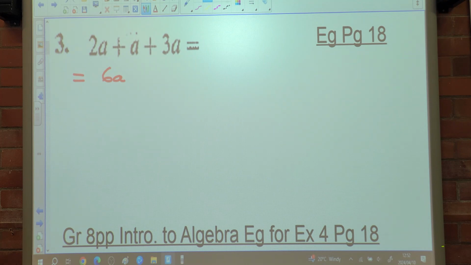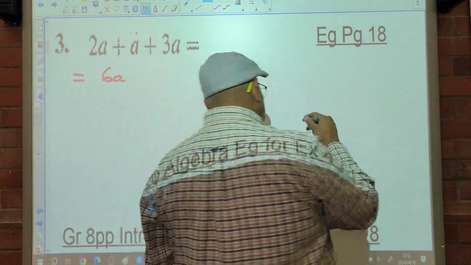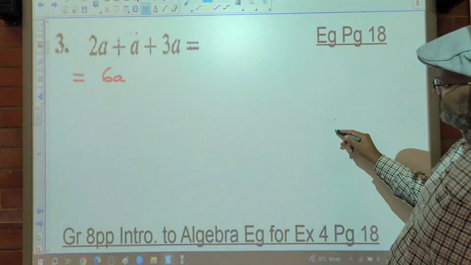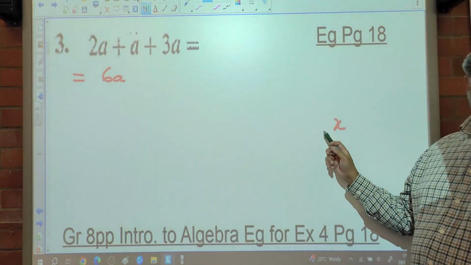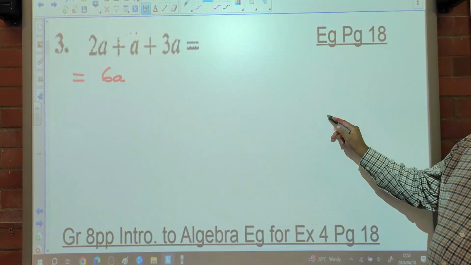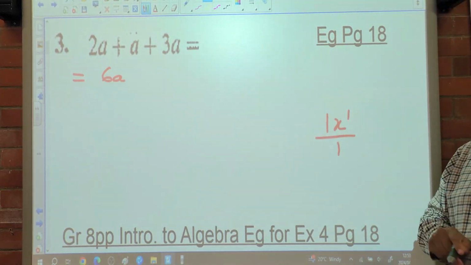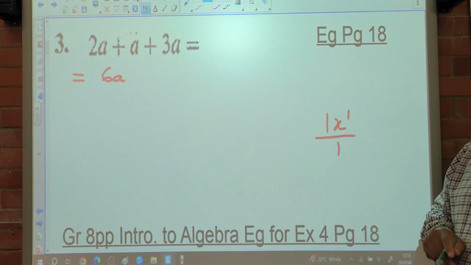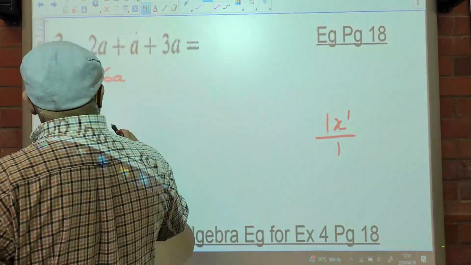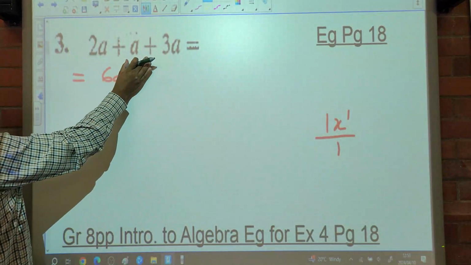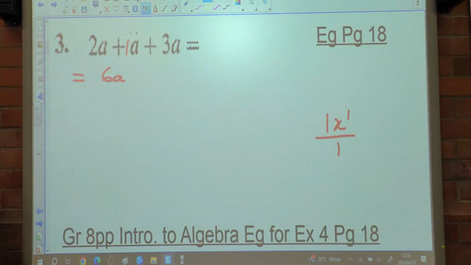Okay, so people remember when we wrote down in the previous lesson, we said if there's an x, what's the coefficient of x? 1. What's the denominator here? 1, and the exponent is also 1. Can you see that, people? So, if you're looking at this a, and there's no number, there should be a 1 there.